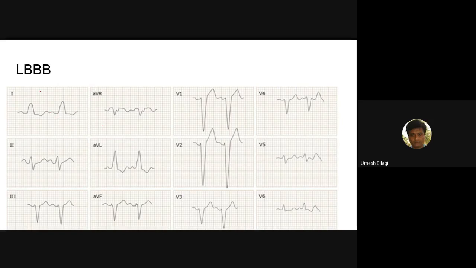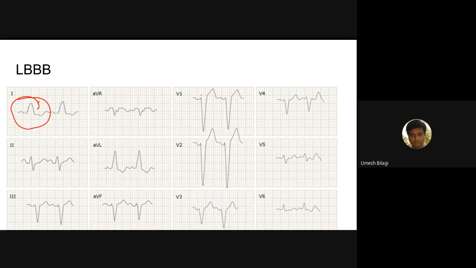The best way to diagnose LBBB is looking at lead 1. If lead 1 is positive like this with a wide complex, it is LBBB. And if it is negative with a wide complex, you can call it RBBB. This can also be done, look at lead 1.